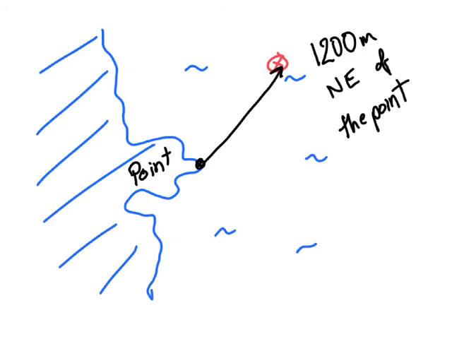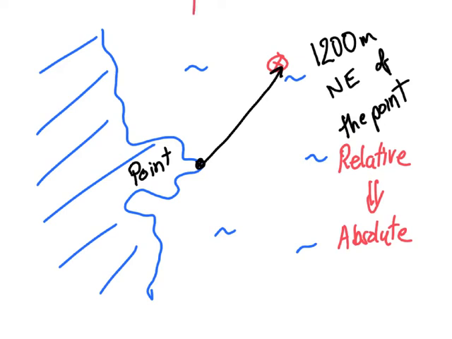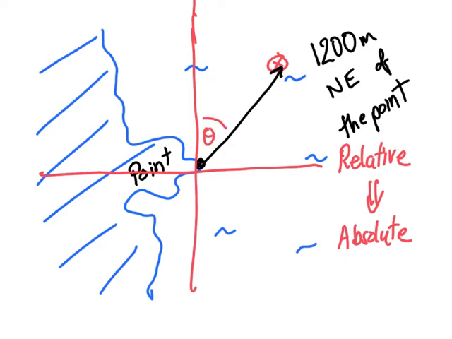How can we convert that example of a relative location into an absolute location? Well, let's set up a simple coordinate system here. We can see that we have an angle here.